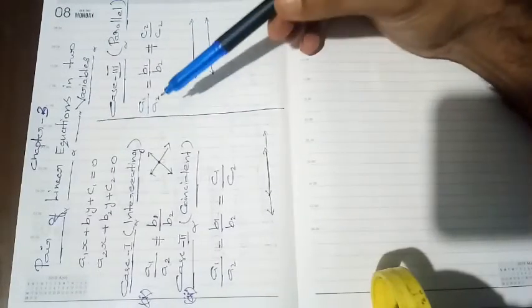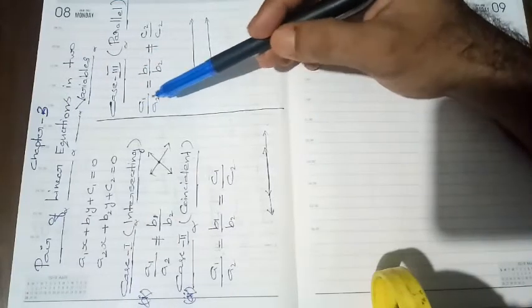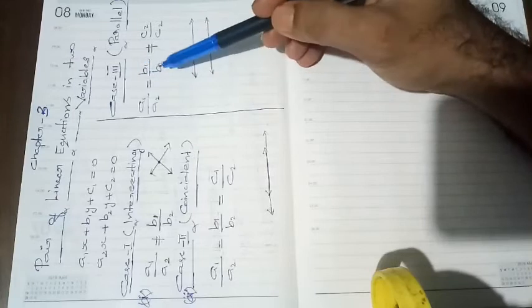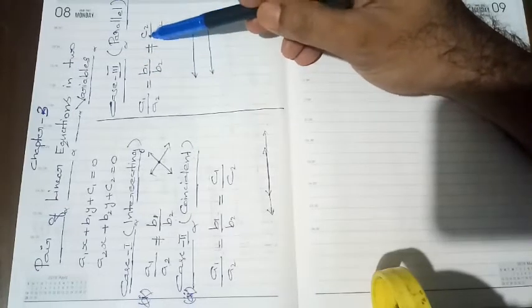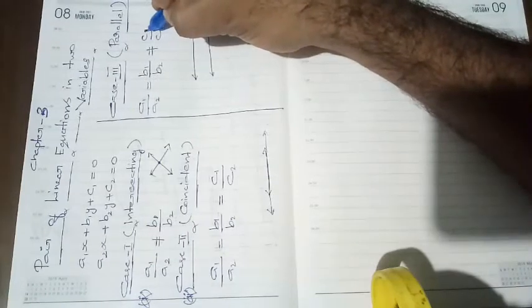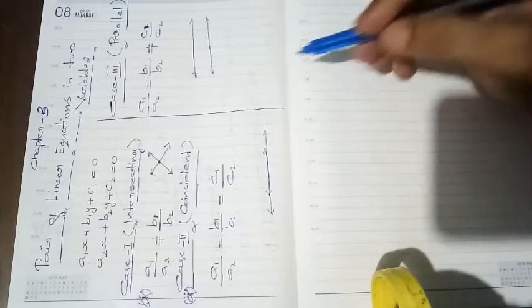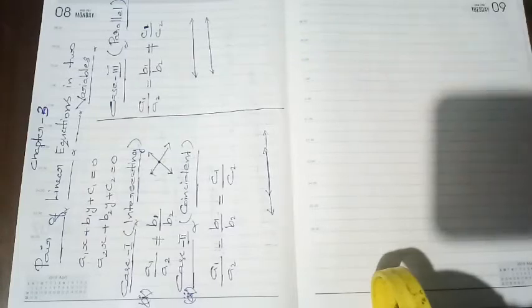In this case, the coefficients carry the relation a1 by a2 equal to b1 by b2 not equal to c1 by c2. In this case, we can say that it is inconsistent. That is, the equation has no solution.